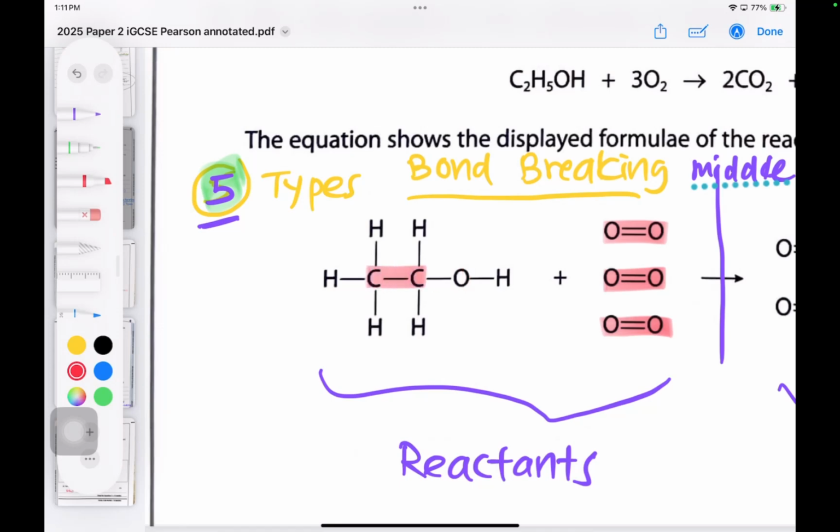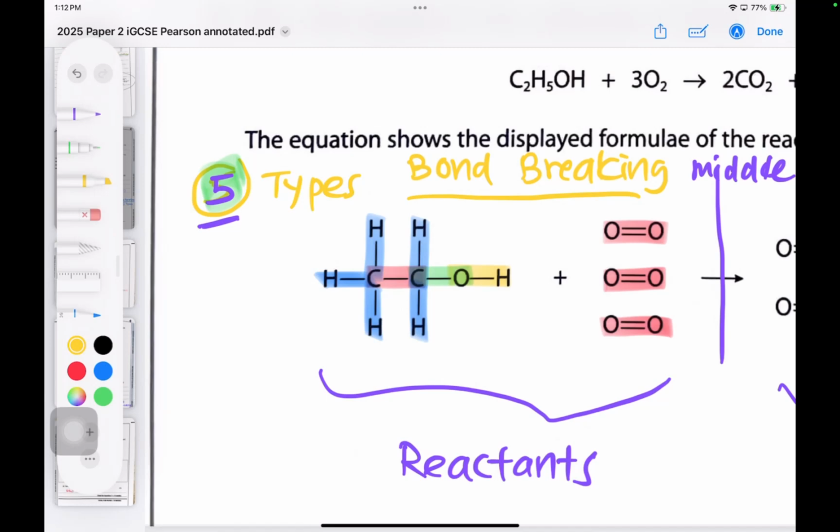The third type would be, I'm going to use another color, the C-H bond, and there are 5 of them, 1, 2, 3, 4, 5. The fourth type would be our C-O bond, the bond between the C and the O, and the final 5th type here would be between the O and the H's.